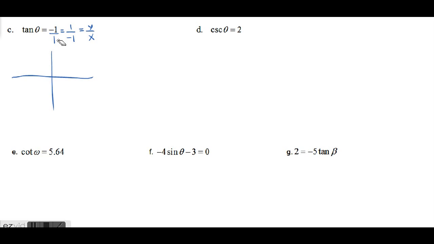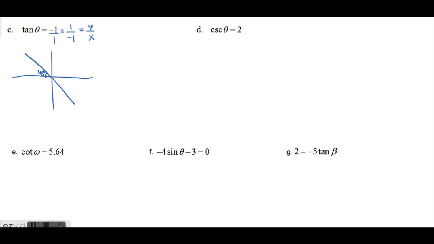So it's important to recognize what's the related acute angle. So with CAST rule, you're really just thinking about where to draw it. But then if you don't draw it accurately, it might be harder to figure out what is the related acute angle. So that's why I like to think about the actual numbers here. So drawing a 45-degree angle in both quadrant 2 and 4.